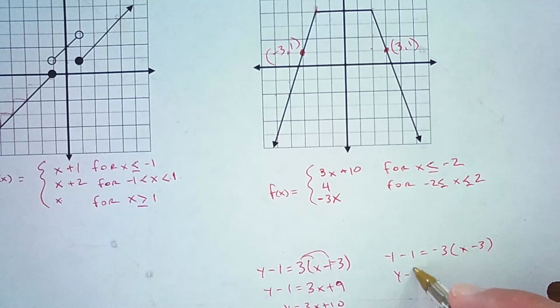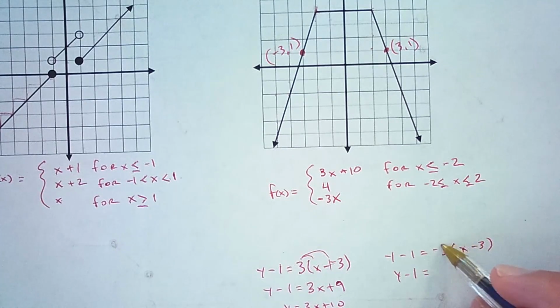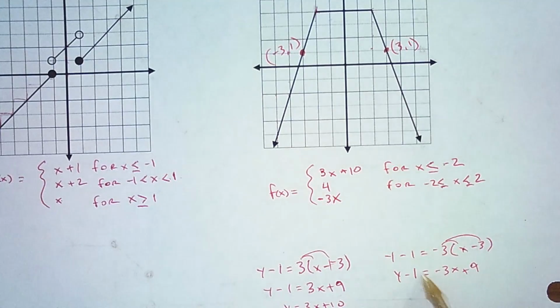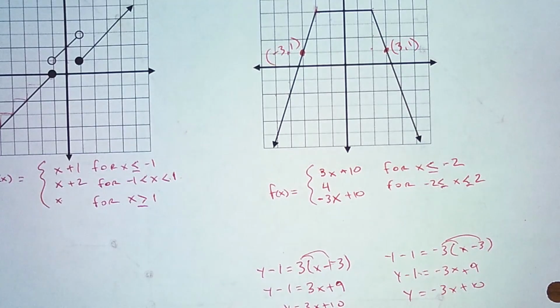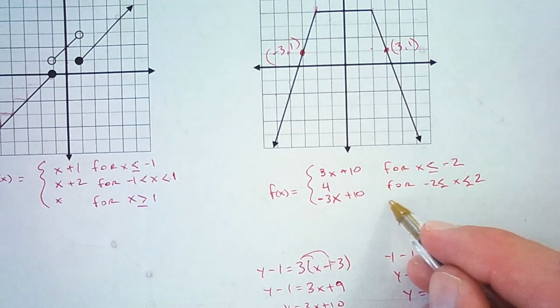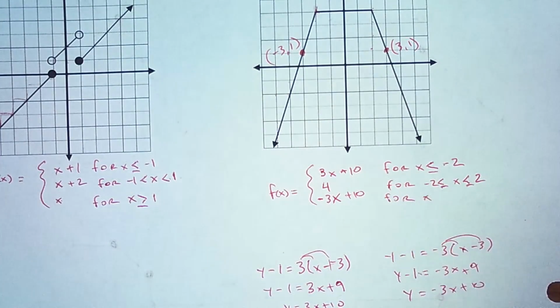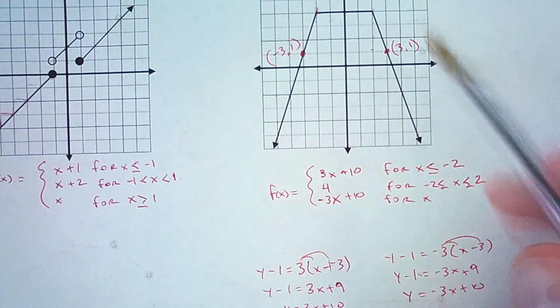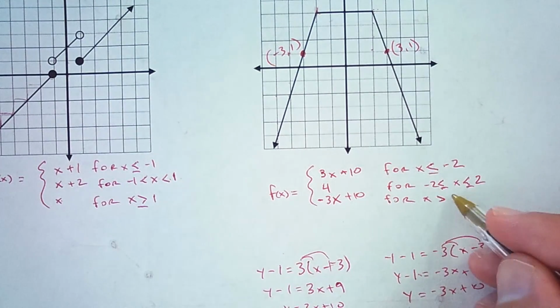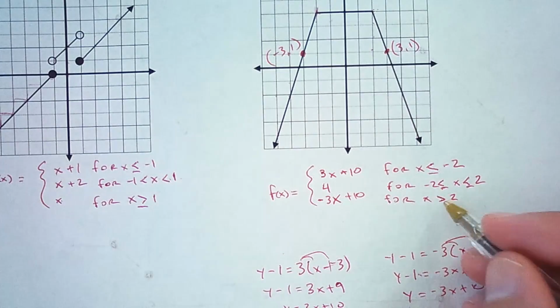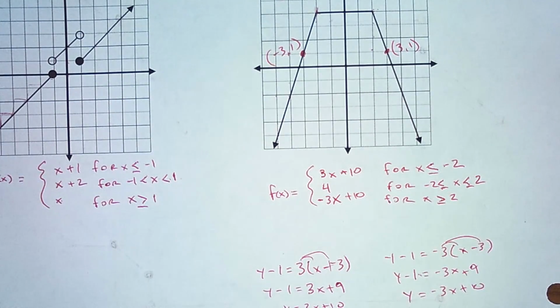So that's y minus 1 equals -3x plus 9, and I add that 1, and I get y equals -3x plus 10. So plus 10 for our y-intercept. And for what domain? That is for x's that are to the right side, the greater than side of x equals 2. And since it's closed here, we'll say greater than or equal to.